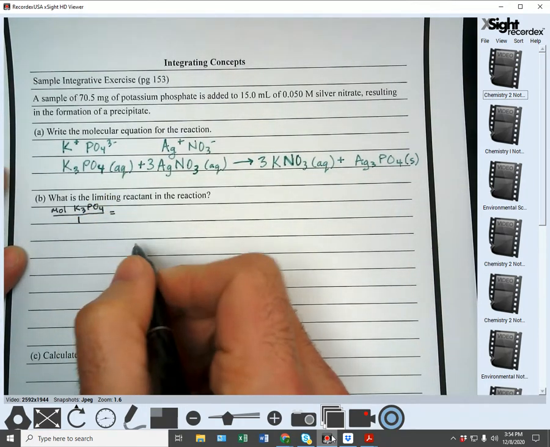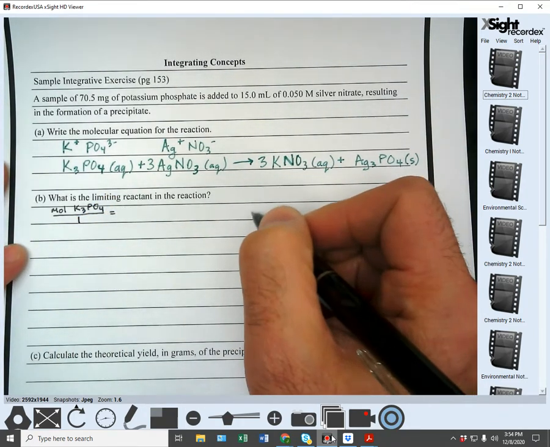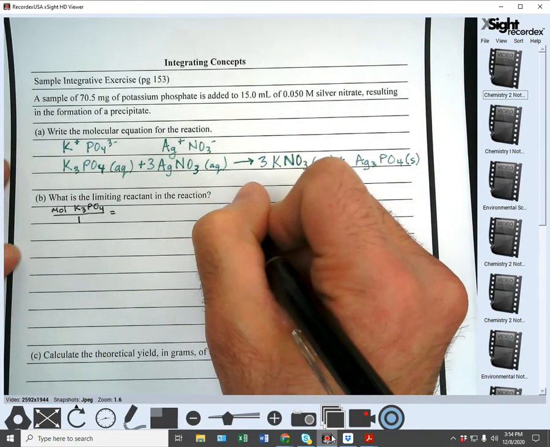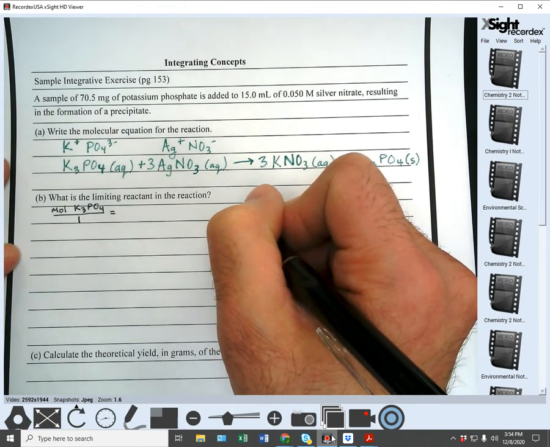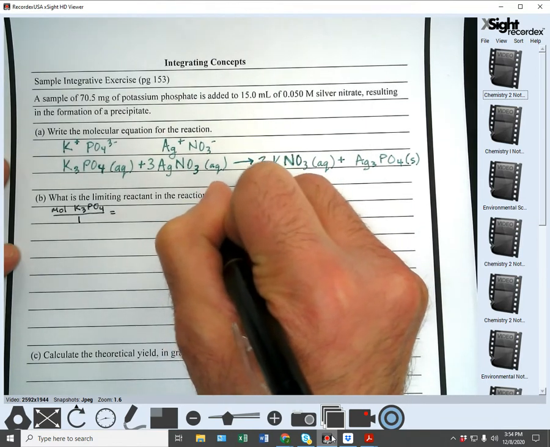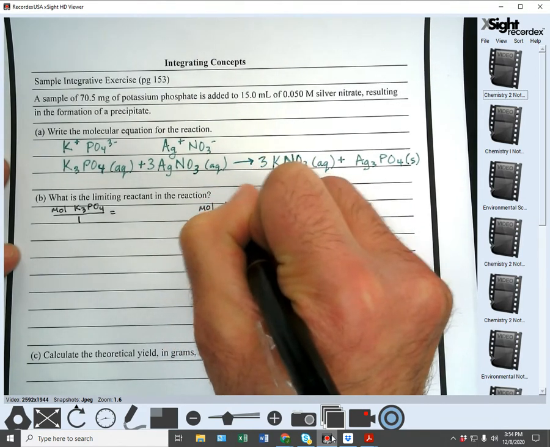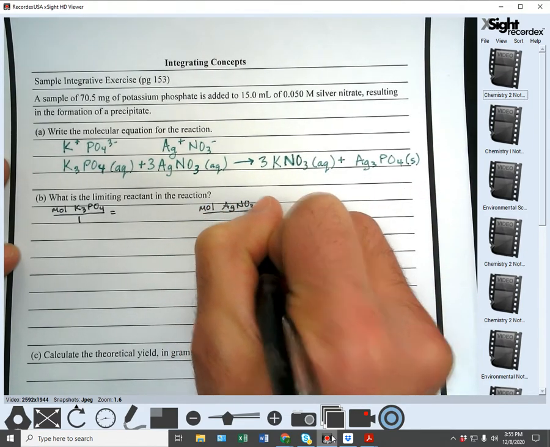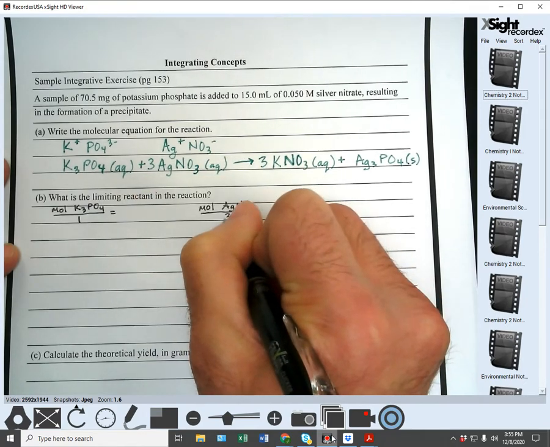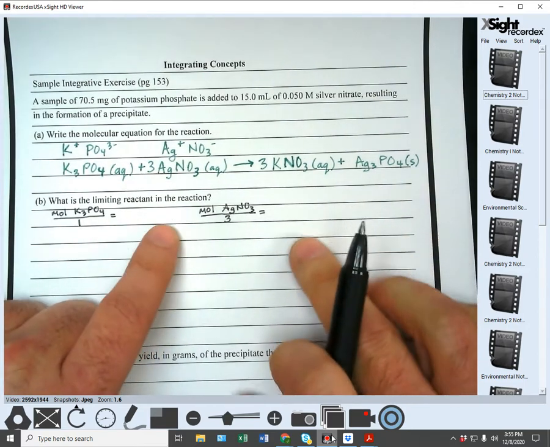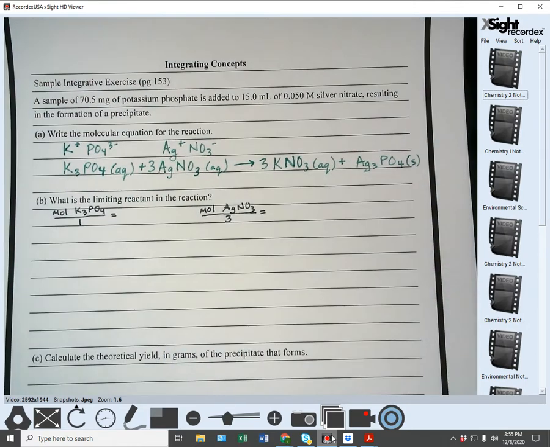Okay, and then we're going to take the moles of AgNO3. Sorry, it took me a second to catch my brain back up. And divide it by its coefficient. Okay, and then remember, we compare those two numbers. Whichever number is smaller, that substance is the limiting reactant.